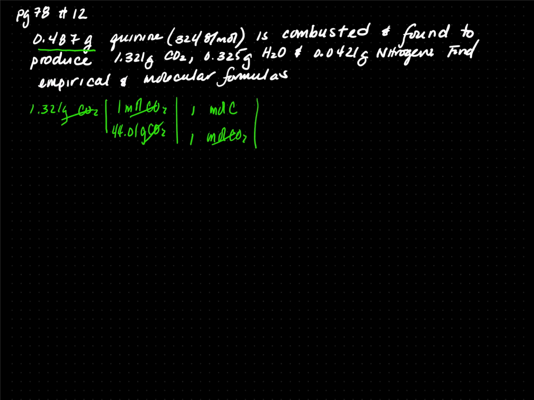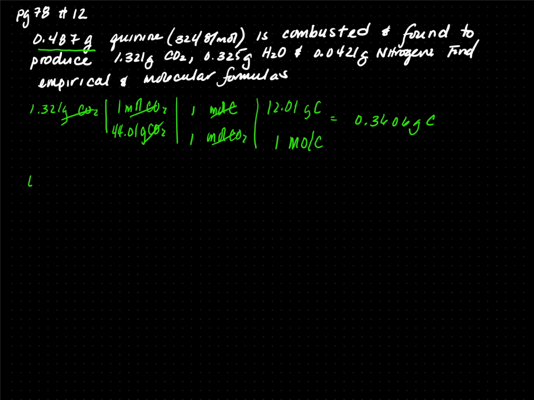So we go one more time, moles C to grams C. This is going to be molar mass, 12.01 grams of C. So 1.321 times 1 times 1 times 12.01 divided by 44.01 times 1 times 1 gives you 0.3606 grams of carbon.